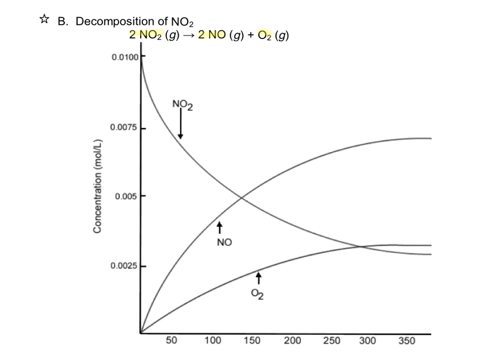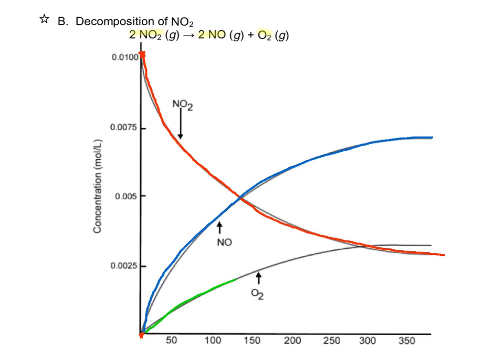Notice that at time 0, the concentration of NO2 is 0.01. Concentration of NO and O2 are both 0. But as the reaction progresses, the concentration of NO2 starts to decrease. And the concentration of NO and O2 are both going to start to increase.